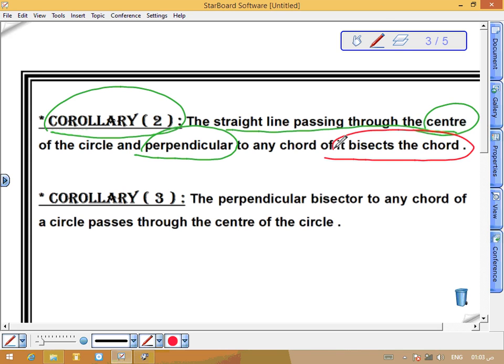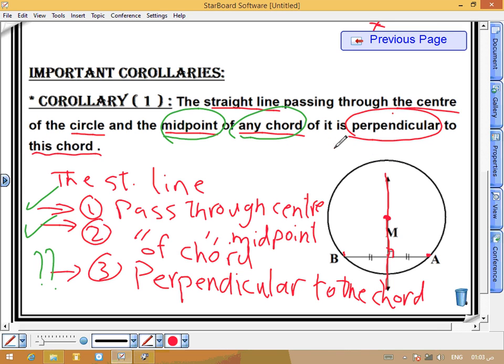If we go to the previous page, we will find that the second corollary was given that the straight line passes through the center of the circle and perpendicular to this chord, and the missing point, which comes as a complete or choose, that the straight line passing through the midpoint of the chord or bisects it.